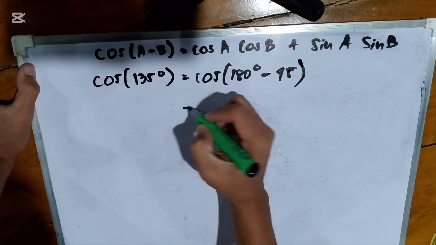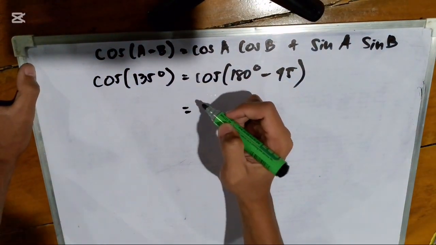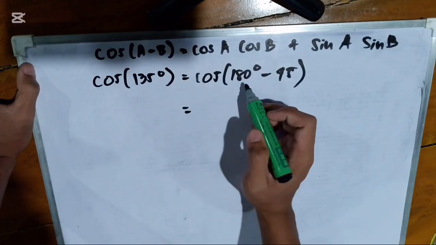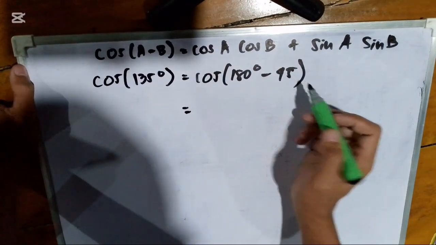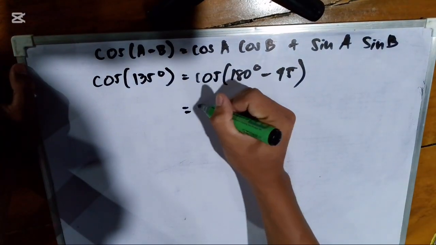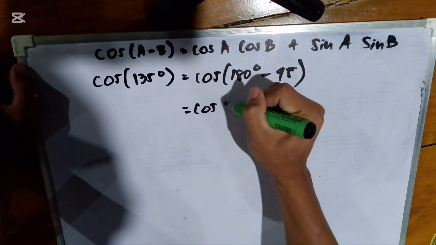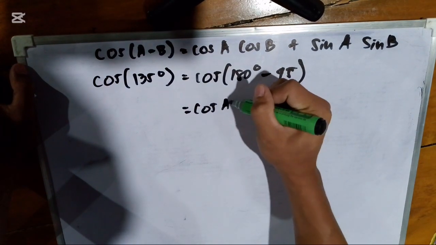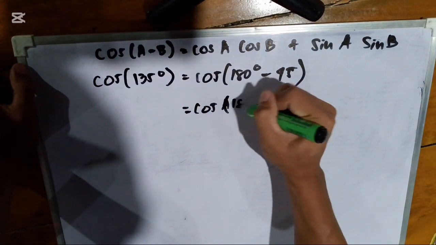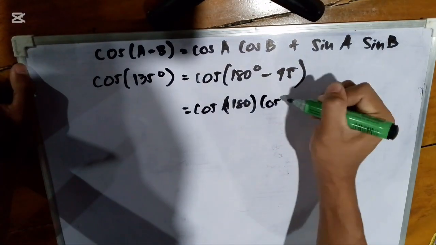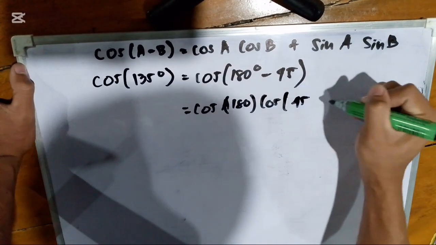And now let us substitute. The A is 180 and the 45 degrees is B. So now cosine A, or 180 degrees, cosine B, or 45 degrees.